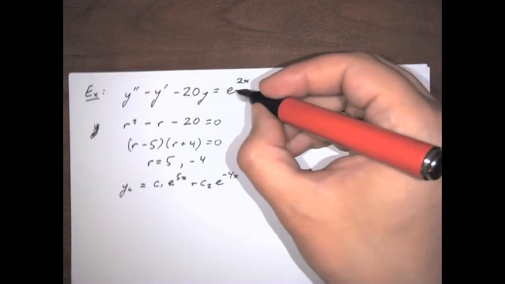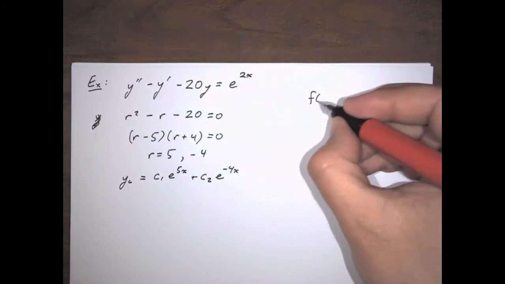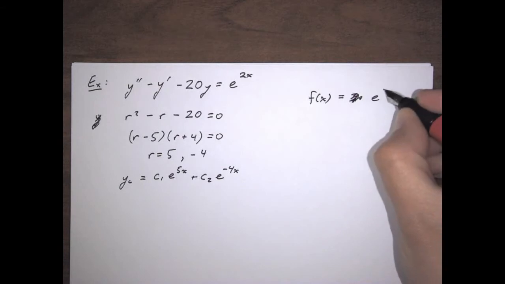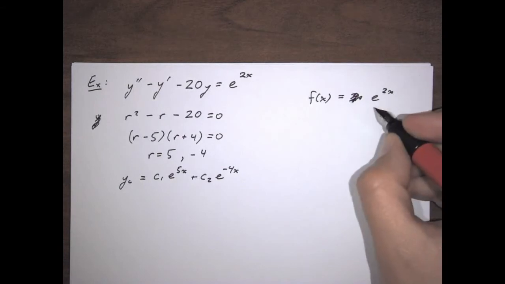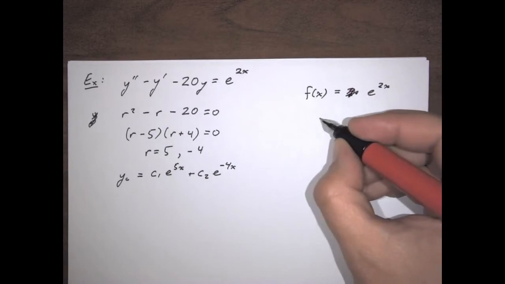Now, as for an expression like this, if f of x is equal to e to the 2x, then all of the derivatives of f of x are going to also have that exact same form.